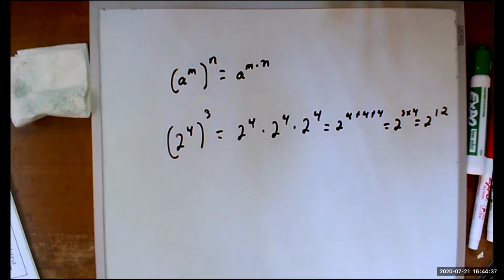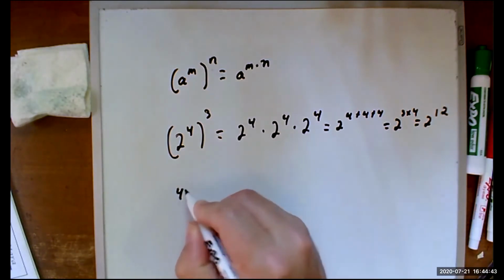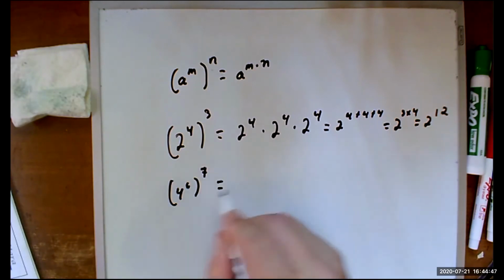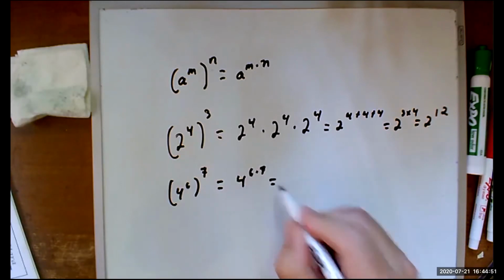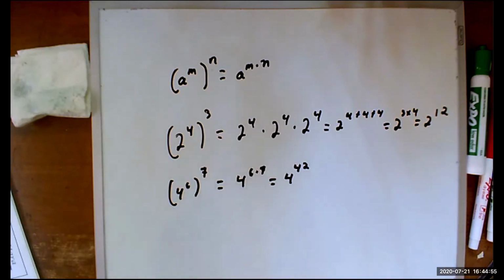And instead of adding, we could just go 3 times 4, in this case, 12. So instead of having to write out all of those steps, if I had 4 to the power of 6 raised to the 7th power, that's just the same as saying 6 times 7 in terms of the powers. And I get 4 to the 42.